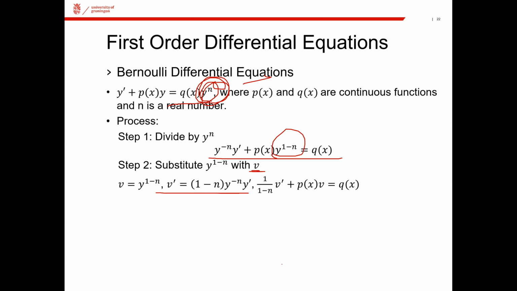And then we substitute, because this part is exactly the same as this part, so it will become 1 divided by 1 minus n times v prime. That is from this equation. And the left side will be the same, where we substitute the y to the power of 1 minus n with v.